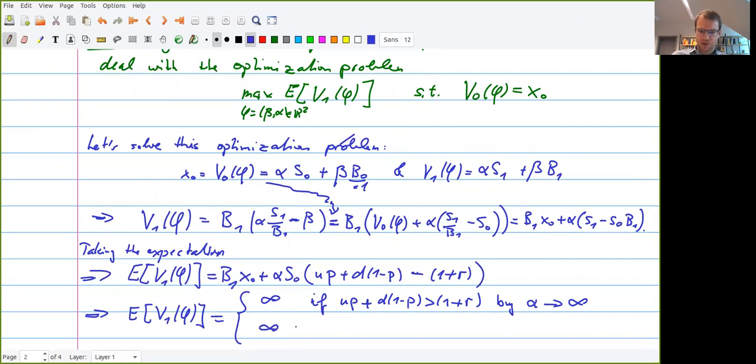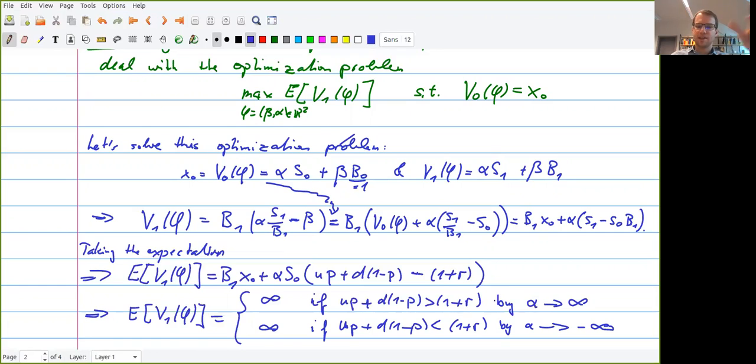And the same, of course, can be ensured by the reverse assumption. So if this is less than 1 plus r, well, I send alpha to minus infinity. So what this means is, in the first case, I put arbitrarily large amounts of money in the risky asset, so I invest in the risky asset and I borrow at the interest rate.